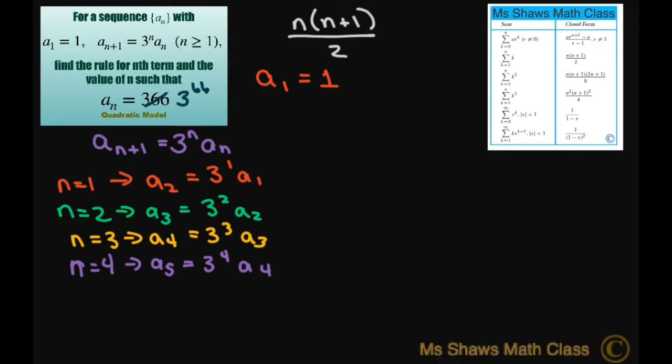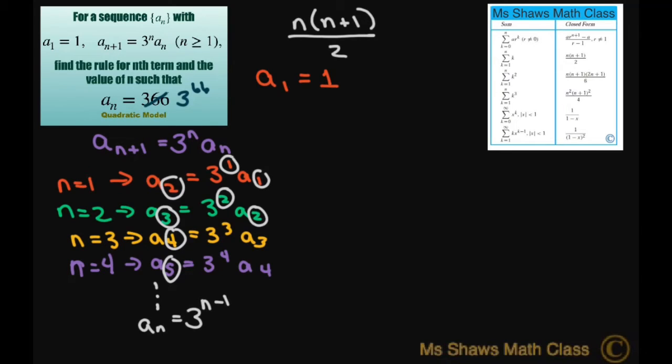Now let's compare these numbers. These exponents are one less than this n number. So I can write my formula as a sub n equals 3 to the power of n minus 1 times a sub n minus 1.